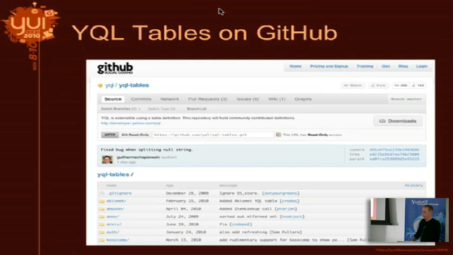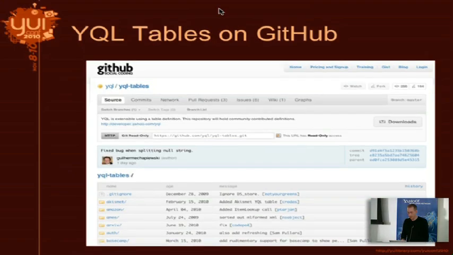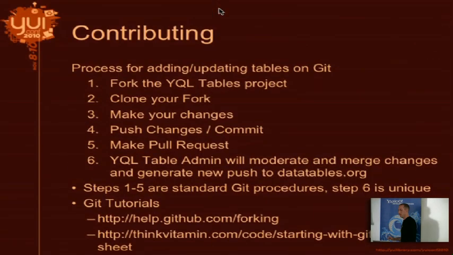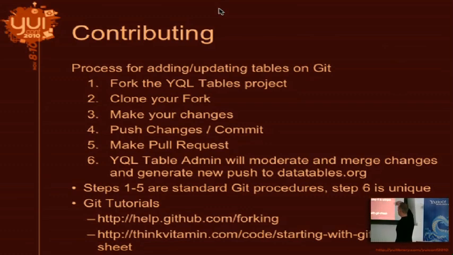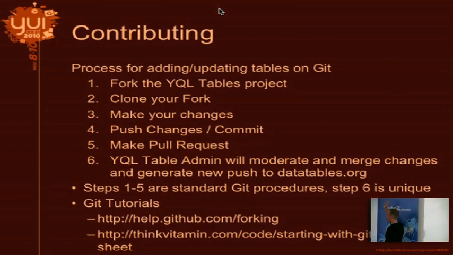If people aren't familiar with GitHub, this is actually the YQL repository on GitHub, standard stuff if you've seen GitHub. And here's the mechanism that I would go through to contribute. Steps 1 through 5 are also standard Git stuff. I'm not here trying to do a full tutorial on Git, but 1 through 5 is kind of a standard request that you'd go and do.